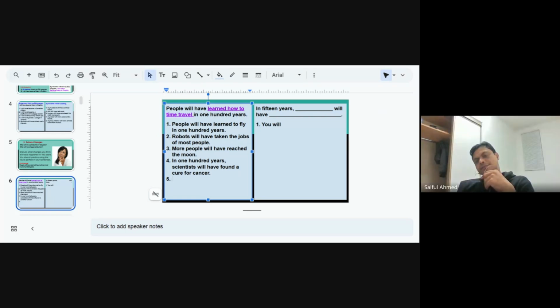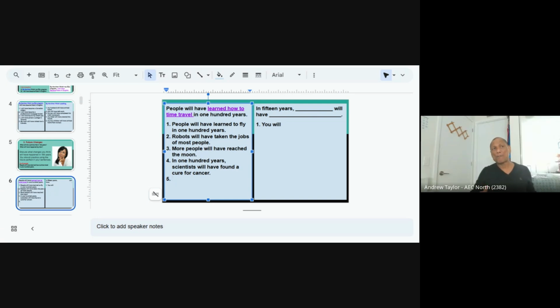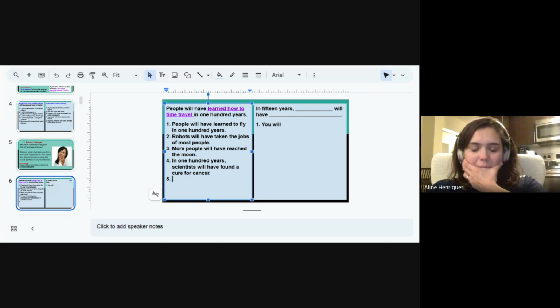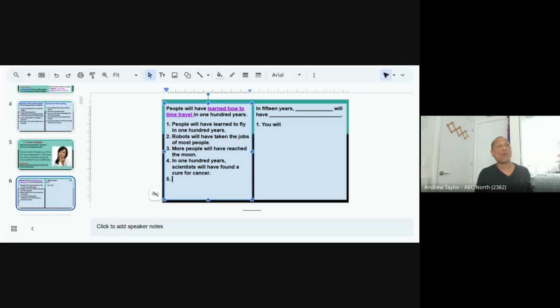Now, Aline, the possibility of these actions being completed in the future is almost 100% accurate. You got it? It means it is not questionable.